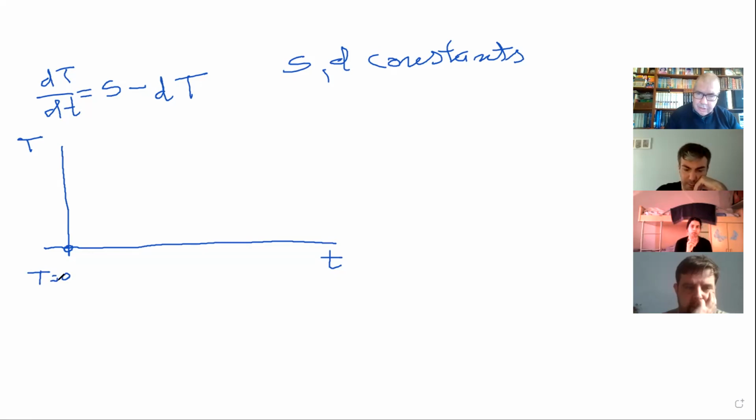What happens to the derivative? It becomes equal to S. So the derivative is S. So where is T going to be? Up, down, stays the same? It increases, because the derivative is positive. Is it okay? Yes. So you start growing. Time passes and you start growing.